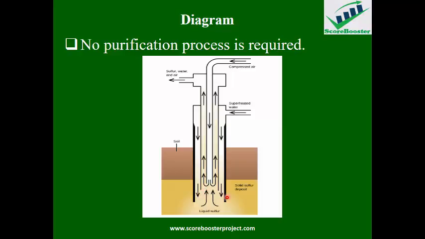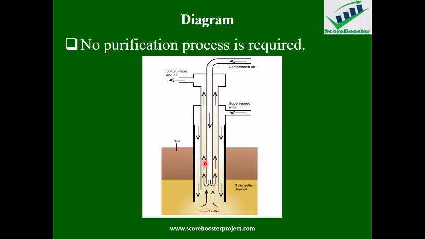When liquid sulfur goes up, it's going to be in contact with this compressed air. Then the air is going to gain energy because the compressed air is cool, the sulfur is hot. When they come into contact, there's going to be an exchange of heat. Then that sulfur will pass it to the air.